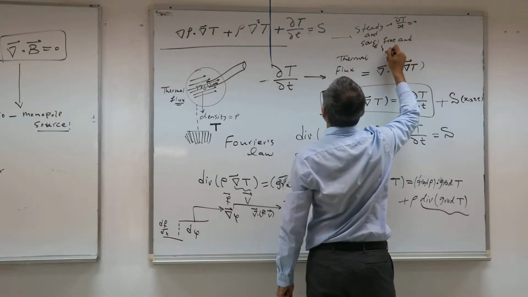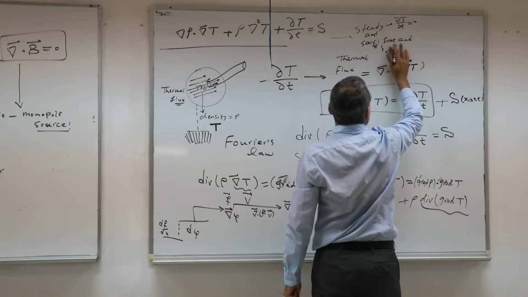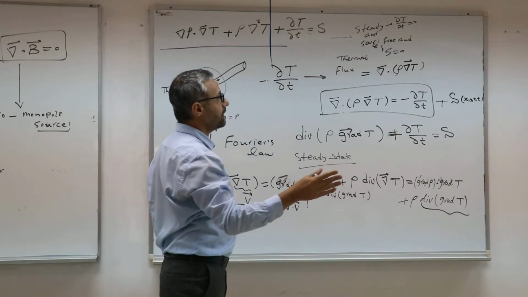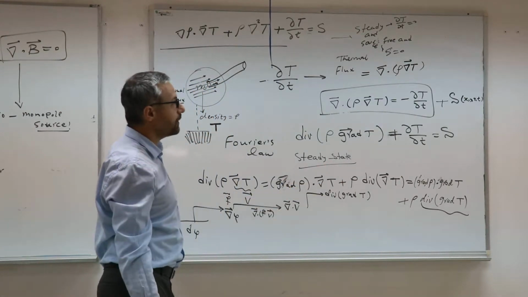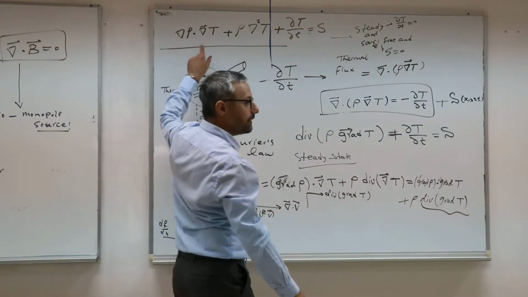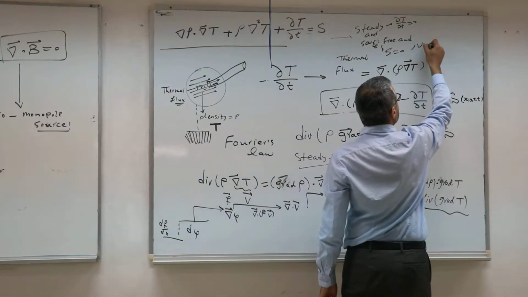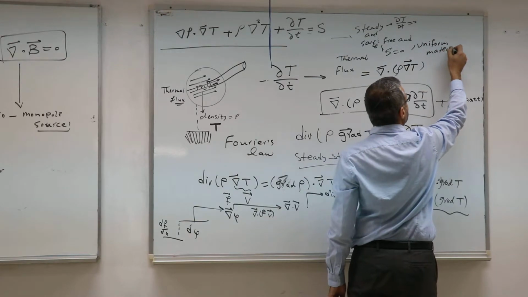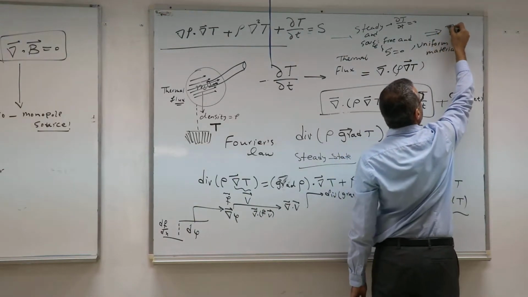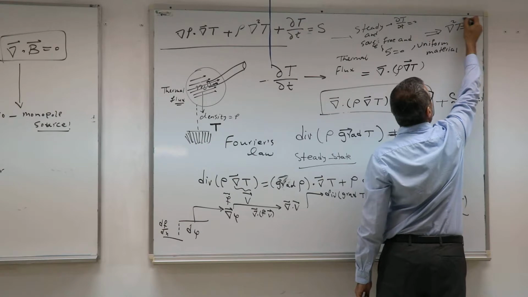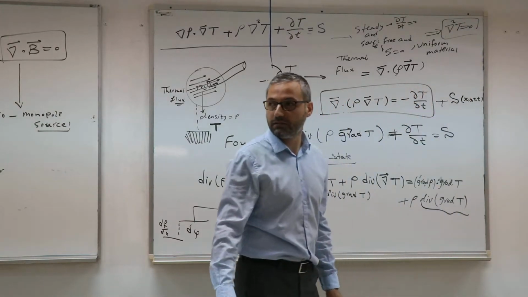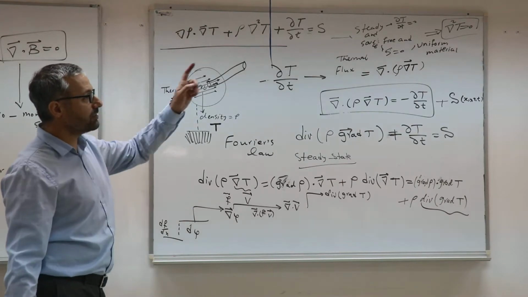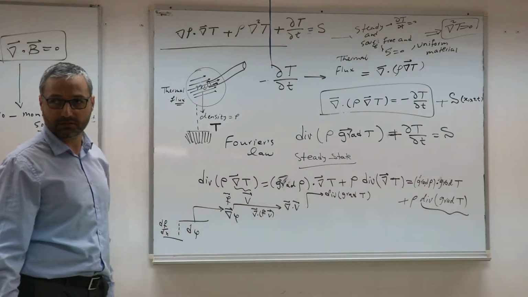Source-free means forget about the S. Forget about the source, forget about the time change in the temperature, and also forget about the density, take uniform density. Even for uniform material, you still cannot say it's easy to find the temperature. You need to solve this equation. If you relax all the conditions, you still need to solve very complicated equations, Laplace equations.